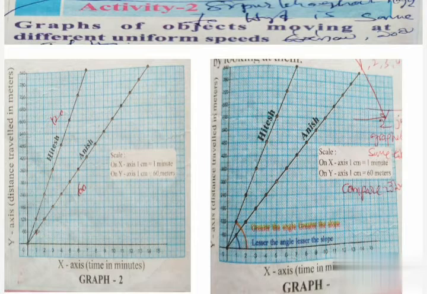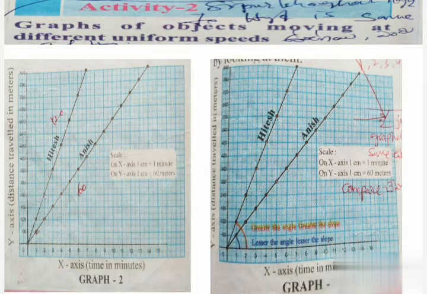If the angle made by the graph line is greater, then the speed of that body is also greater. Here, Hitesh makes a greater angle with the x-axis when we compare with Anish. So if the angle made with the x-axis is greater, then its speed will be greater.